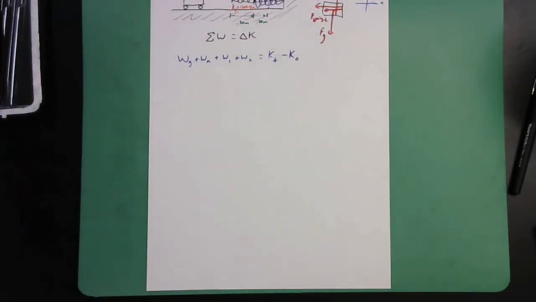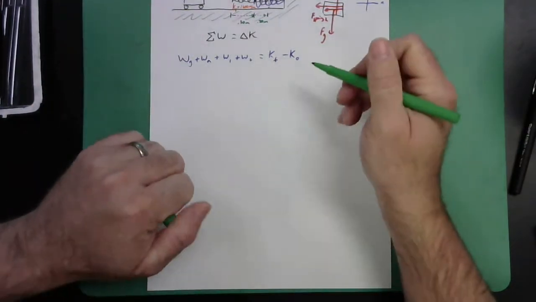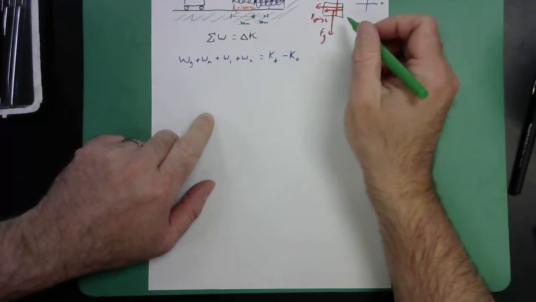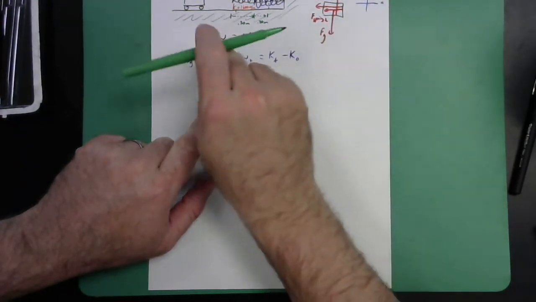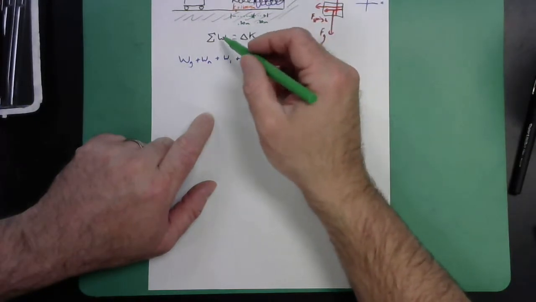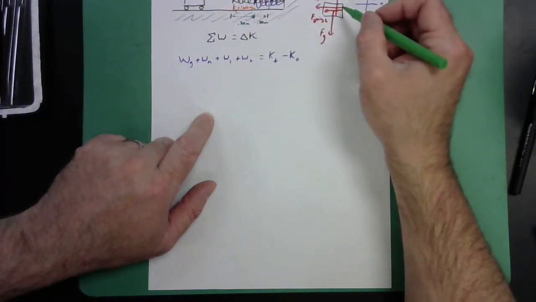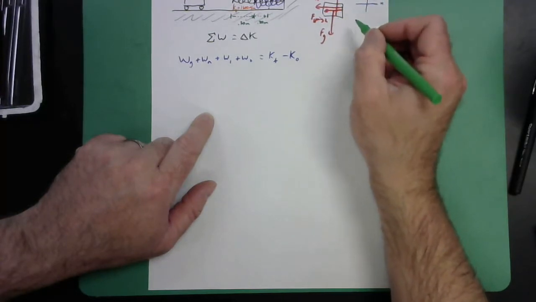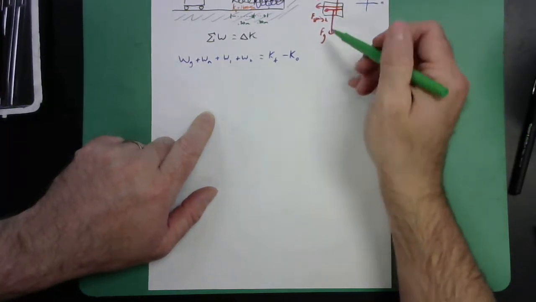Now, some of these will be 0. By inspection, I know that this normal force and gravitational force are perpendicular to the motion. They have no component parallel to the motion. That means if I did my dot product, my cosine theta for these guys, they'll be 90 degrees. Cosine of 90 degrees, that's the angle between the force and the motion, is 0. They're not doing any work.